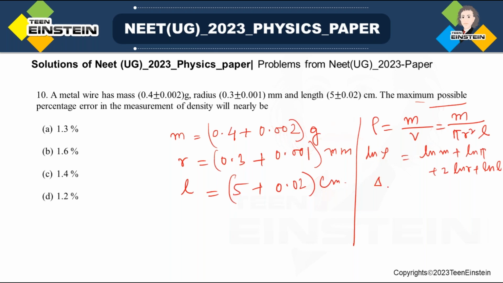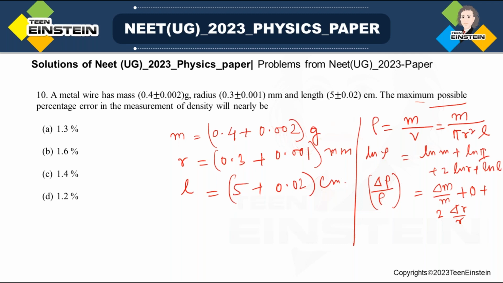I'll take the derivative of rho with respect to rho itself, so delta rho by rho. This will be similarly delta m by m. And see, pi is a constant, so there is no change in that. That will be 0 plus 2 delta r by r.